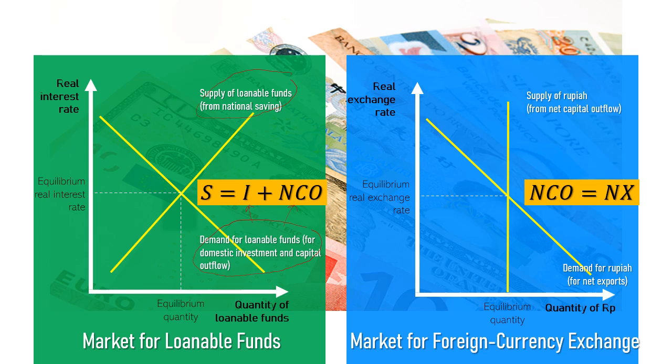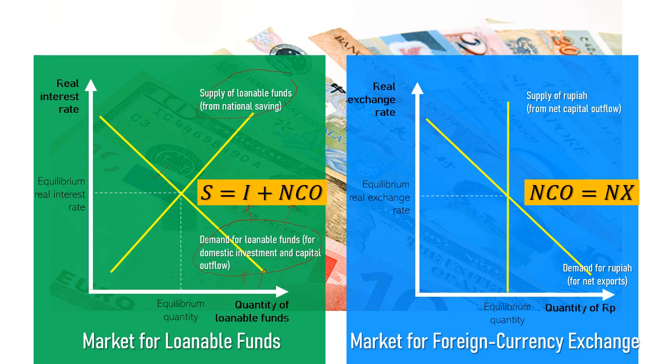Instead, with the capital inflow, or lower net capital outflow, there will be less demand for national savings, or loanable funds, because part of the domestic investment is now financed using more funds from abroad. So, it's clear now both I and NCO are negatively affected by the real domestic interest rate.